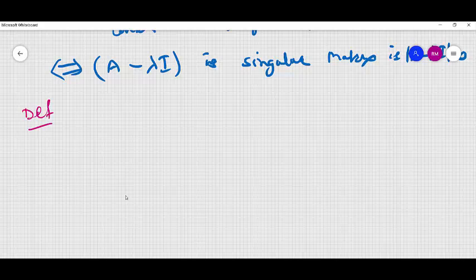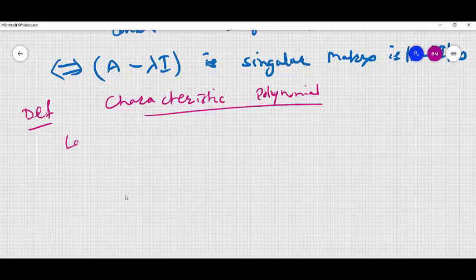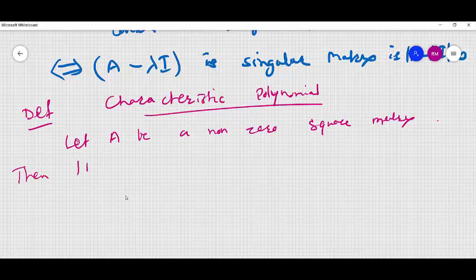Definition of characteristic polynomial: let A be a non-zero square matrix, then determinant of A minus lambda I, where I is the identity matrix and lambda is an eigenvalue of matrix A.